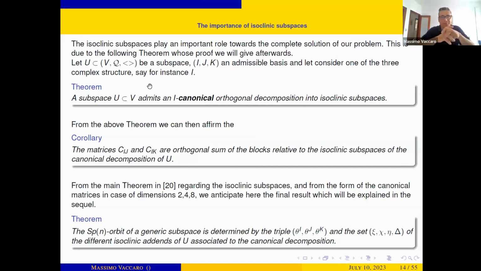Let U be a subspace in this quaternionic Hermitian vector space, IJK an admissible basis, and let's consider one of the three complex structures, I or J or K. Whatever. A subspace U admits, if I choose I, a canonical orthogonal decomposition into isoclinic subspaces.